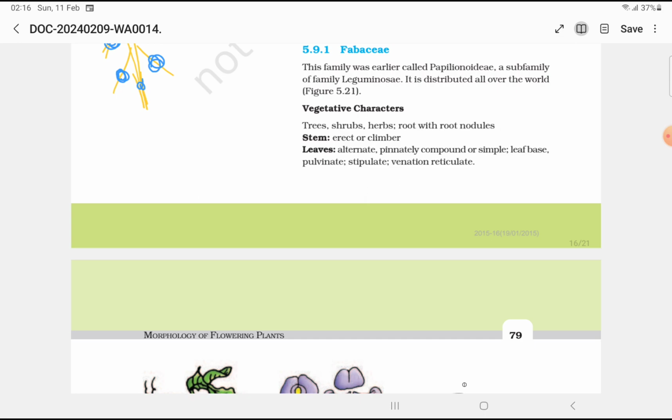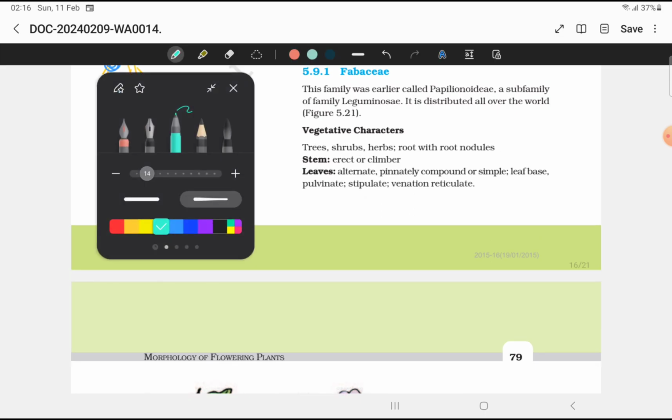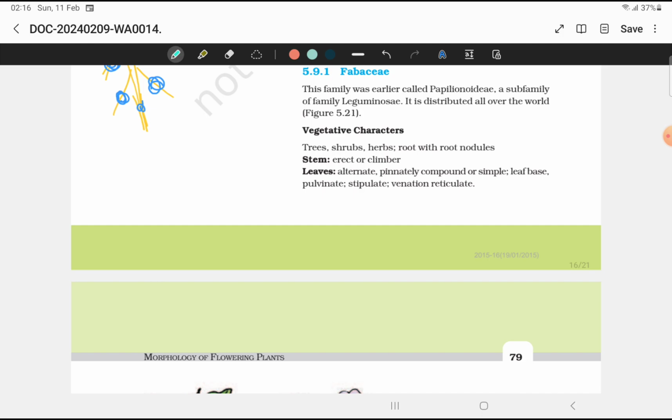Pinnately compound leaf. You would have studied this: this is the main axis, and here you've got a leaf like this, and these are all the leaflets, and this entire thing is one leaf, which is attached on the stem like this.